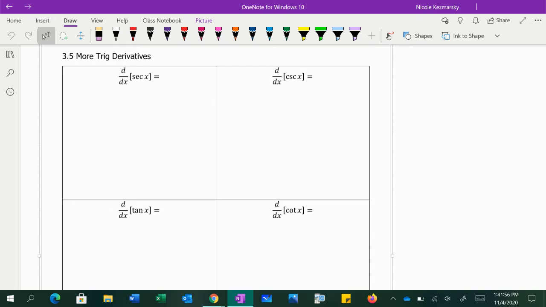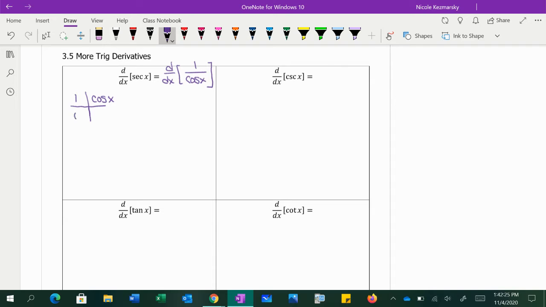So what I'm going to do for secant is I'm going to start off by rewriting secant as 1 over cosine. So this is going to become the derivative with respect to x of 1 over cosine of x. And then, just like we do with quotient rule, I'm going to do a box. So the top of the box has a 1 and a cosine.